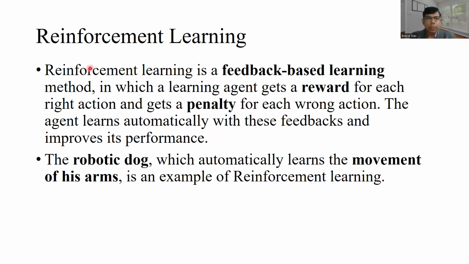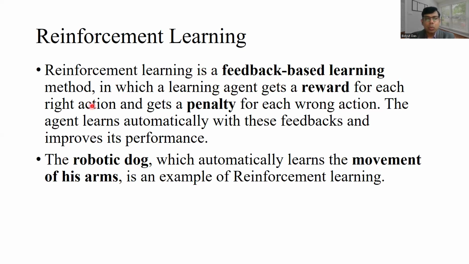Now, the last topic is reinforcement learning. We categorize machine learning algorithms into three different categories: first supervised, second unsupervised, and last reinforcement learning. Reinforcement learning is a feedback-based learning method.